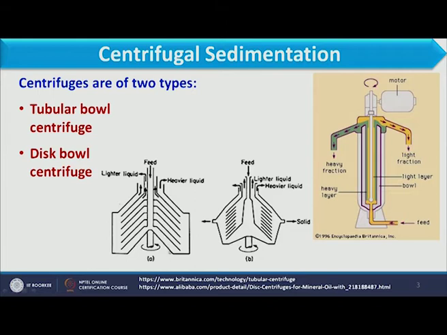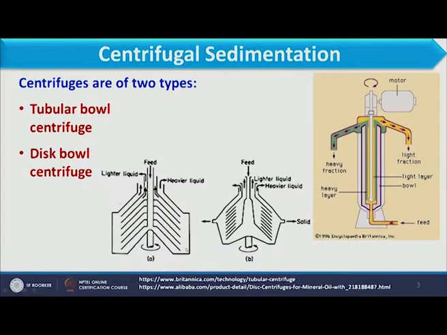When it is rotated, the solid is collected at the periphery, or if we need to separate two liquids of different density, the heavier one will be collected at the periphery, however the lighter one will be transposed through these discs to the top.